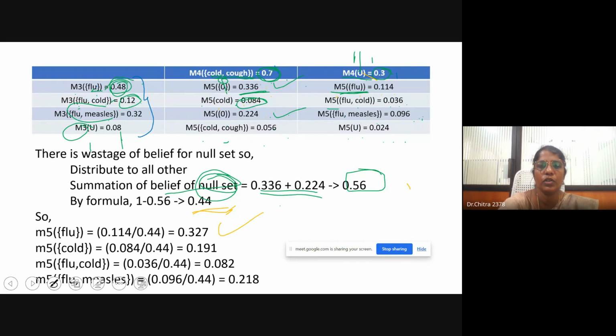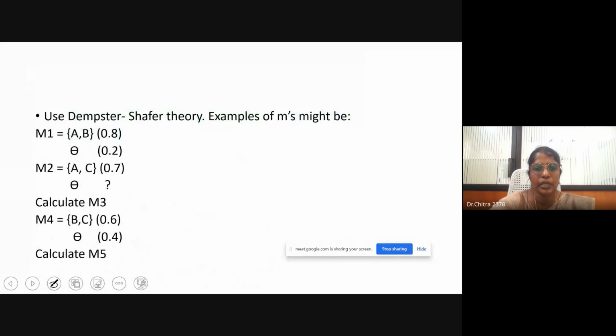M5 of cold equals 0.084 divided by 0.44, which is 0.191. Flu, cold equals 0.036 divided by 0.44, which is 0.082. In the same manner, calculate for flu and measles, which is 0.218. So after normalizing all these values, we got 0.327, 0.191, 0.082, and 0.218.